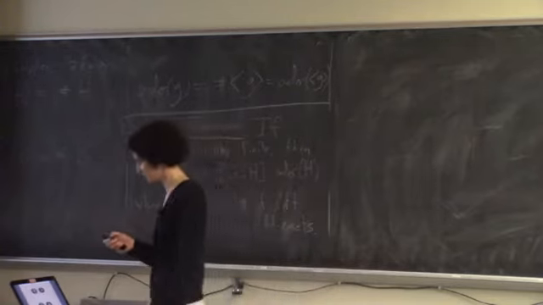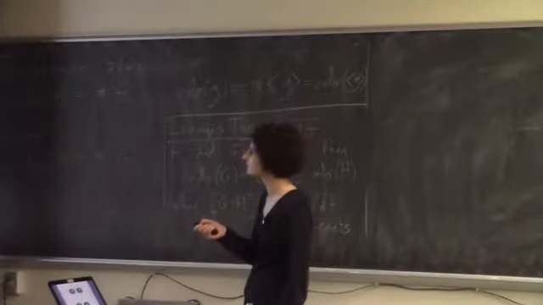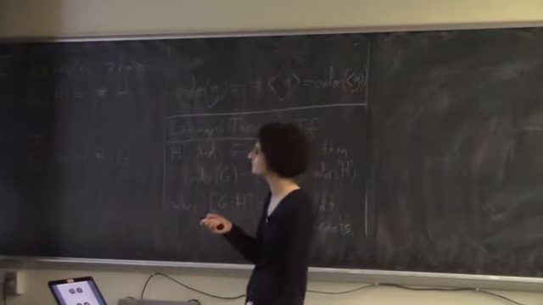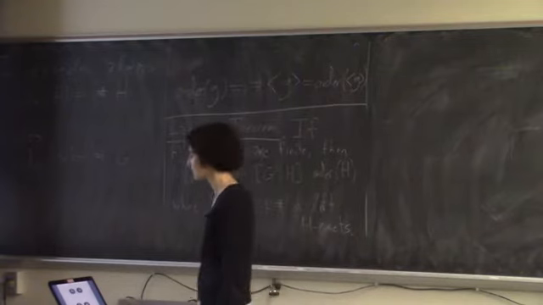Okay, so here are the simulations that are produced by that community of approximation theory. You see that's for the logarithmic case, points that minimize the logarithmic energy on the torus. And these are the s energies for s equals 1, 0.8, and 2.